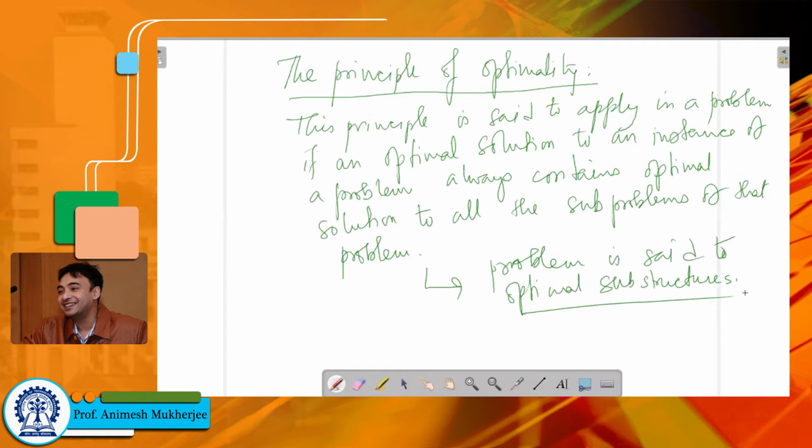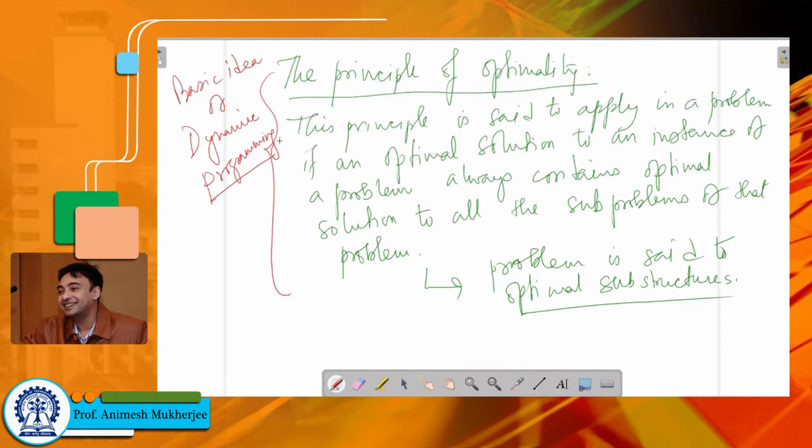So this is the basic idea of dynamic programming. This is one of the ways to identify whether your problem belongs to the class of dynamic programming or not. Any dynamic programming problem will typically have an optimal substructure nature.